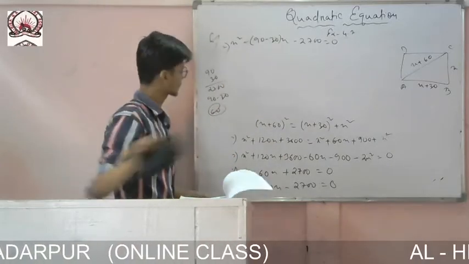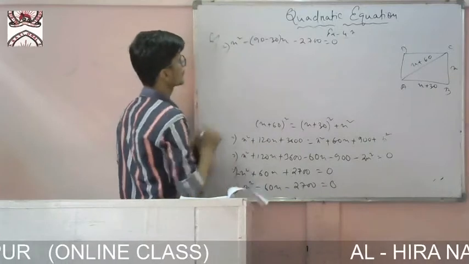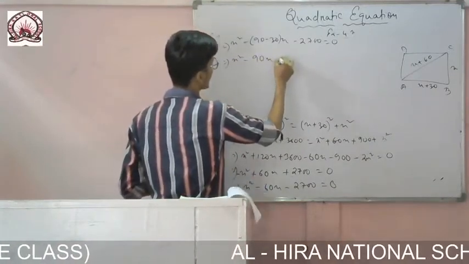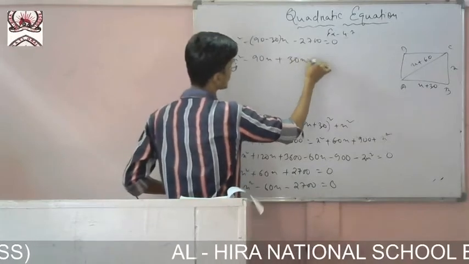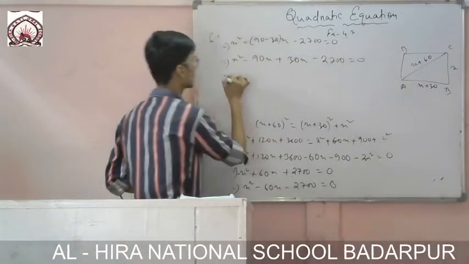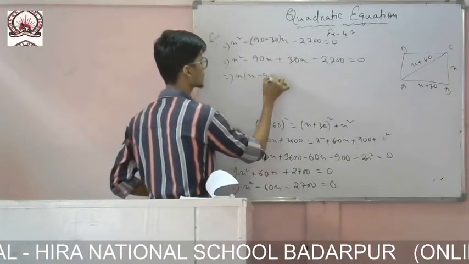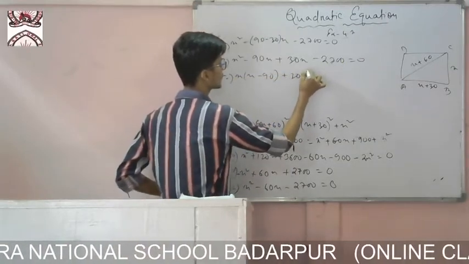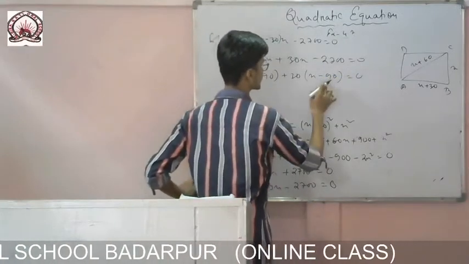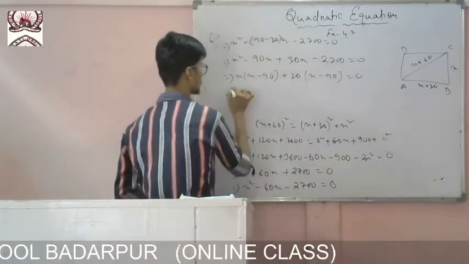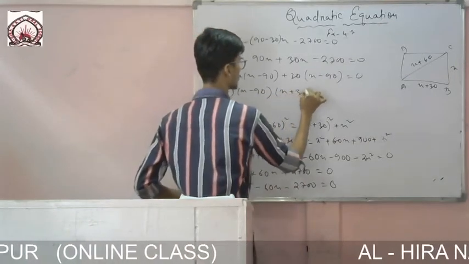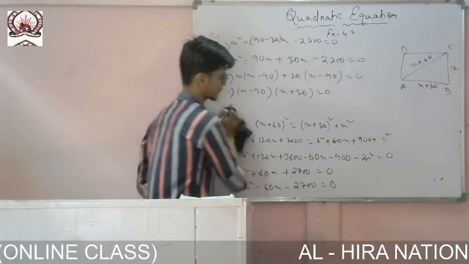Okay. So now x squared minus 90x plus 30x minus 2700 equals to 0. So x will be common, x minus 90. There 30 will be common, so it will be x minus 90, because 3 9s are 27 and 00. So (x minus 90)(x plus 30) equals to 0.